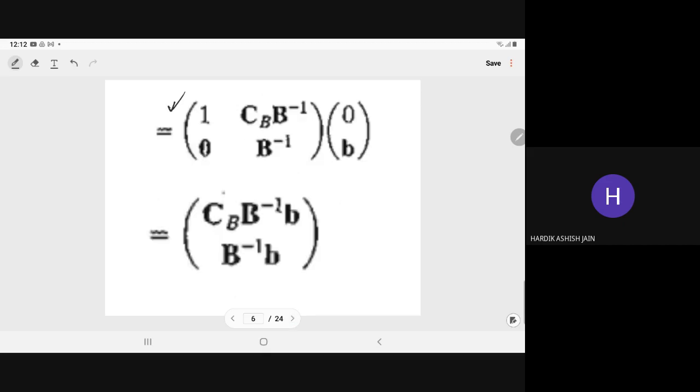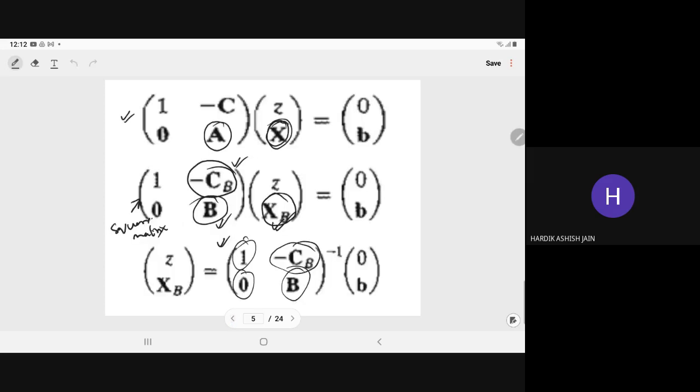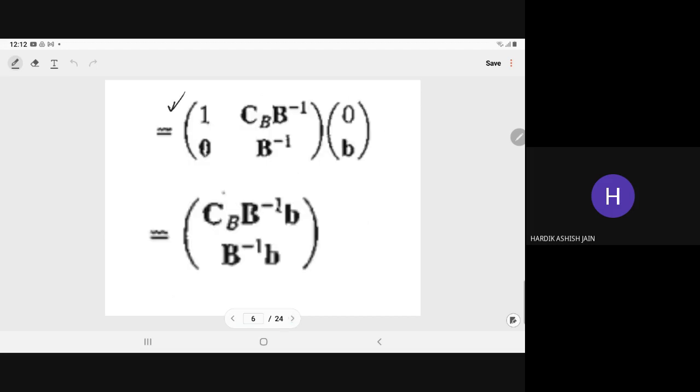Here I'm not going into how to compute the inverse of a block matrix, so just remember: the inverse of this matrix 1 minus CB 0 B is 1 CB B inverse 0 B inverse.